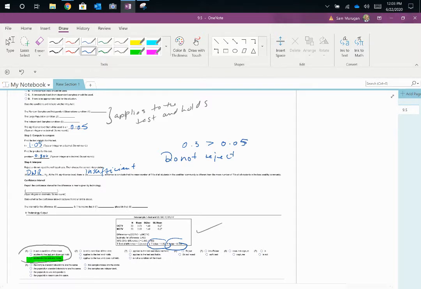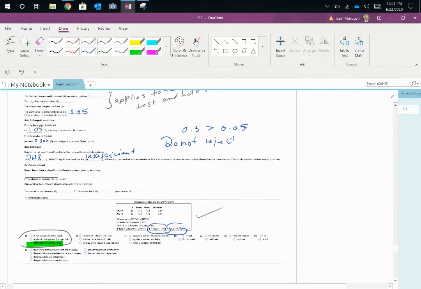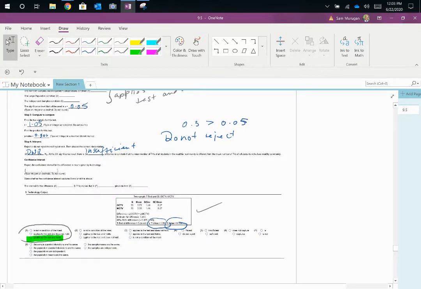Now, the confidence interval would come from our technology output: negative 0.365 to 1.165. On a number line, we have 0 here, we have negative 0.365, and we have 1.165.